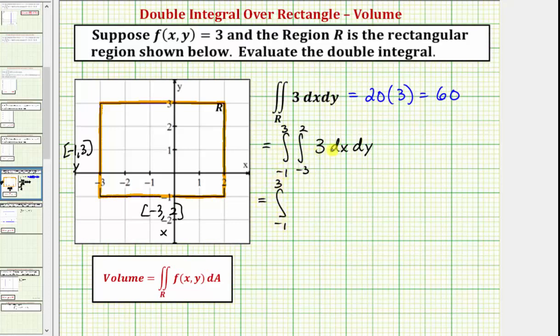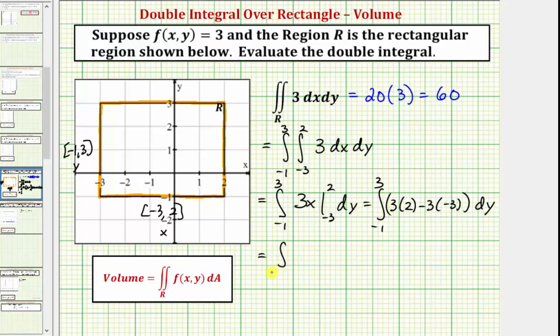The antiderivative of 3 with respect to x would be 3x, which we now need to evaluate at 2, then -3, then find the difference. So we'd have the integral from -1 to 3 of 3 times 2 minus 3 times -3. So notice how this is going to be 6 minus -9, or 6 plus 9, which equals 15.